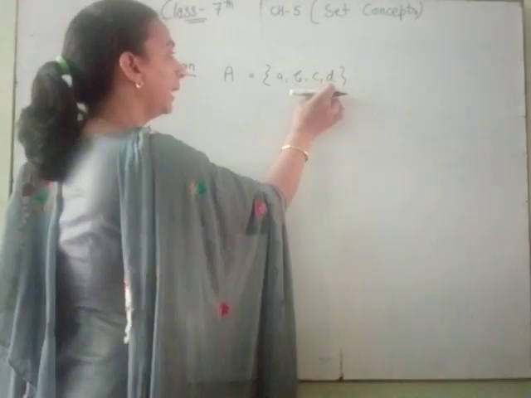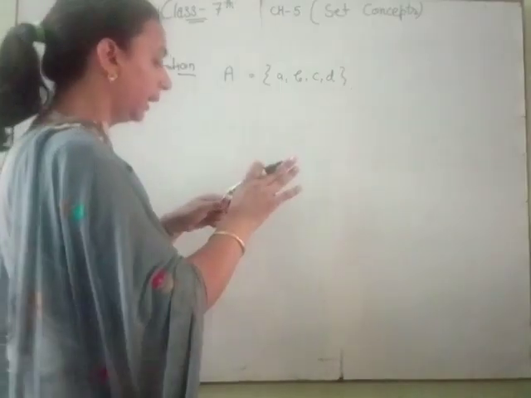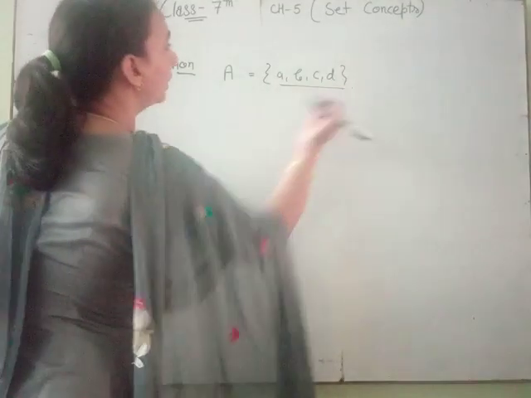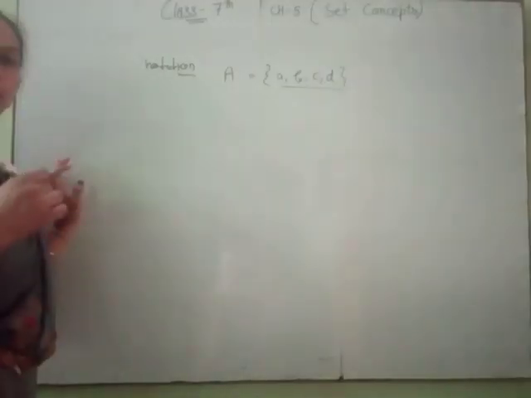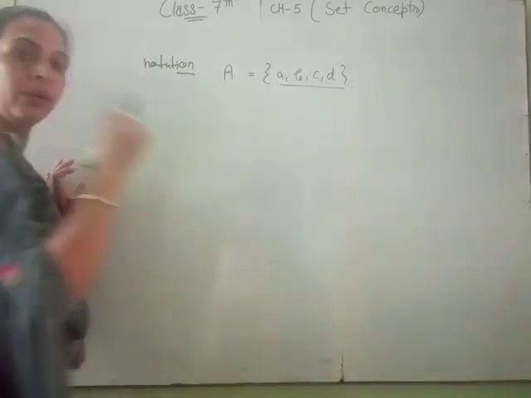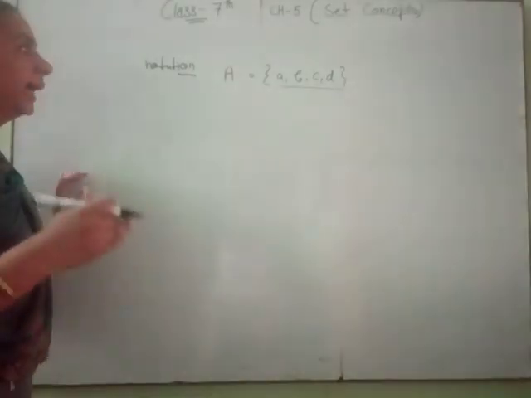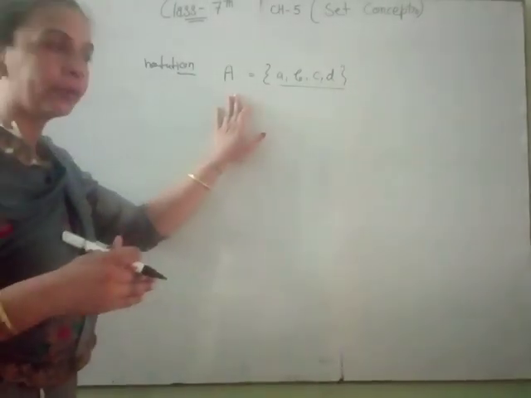If we put all the elements in curly brackets, this is a set. This is the notation of a set. These are all members of the set. We call them elements. A, B, C, D are the elements of set A.